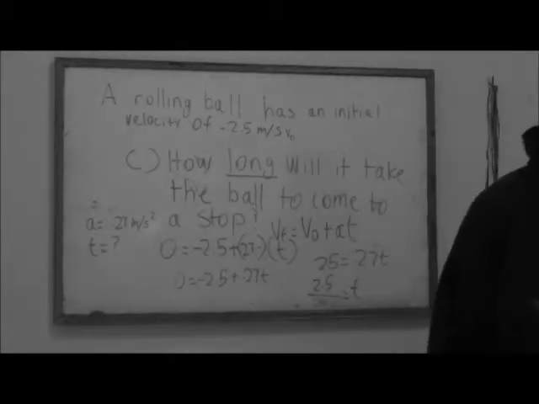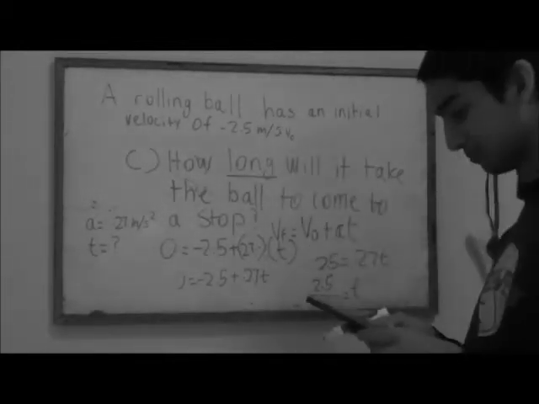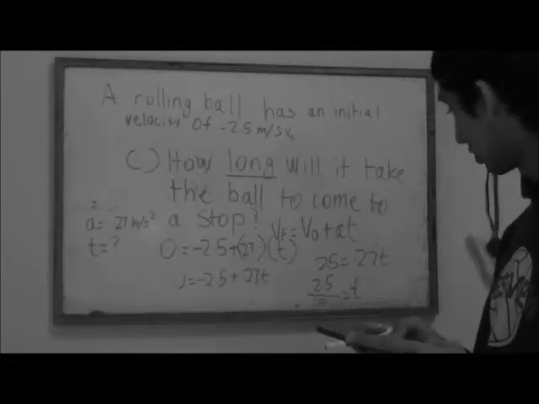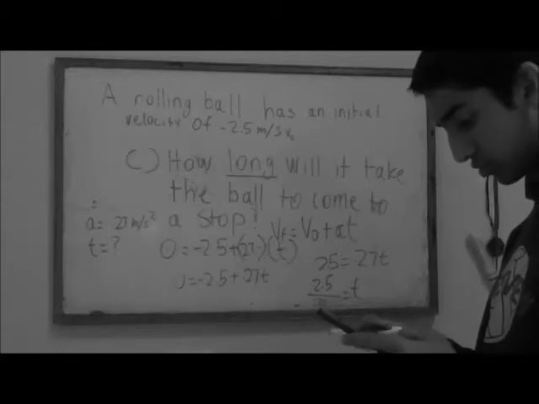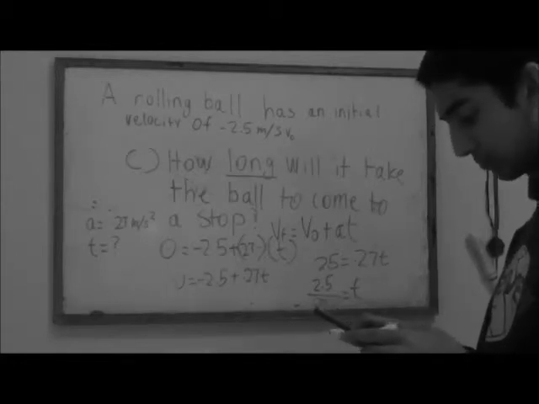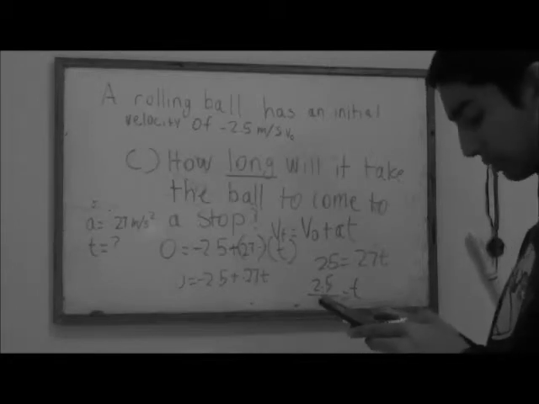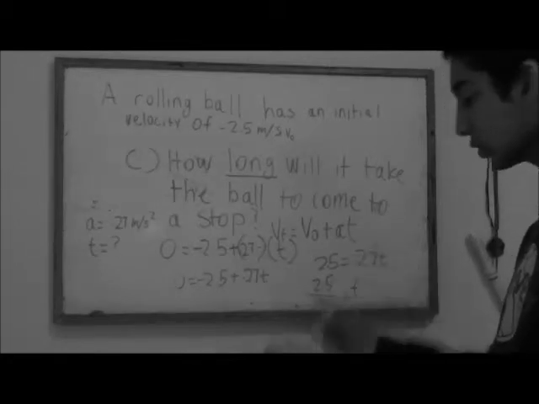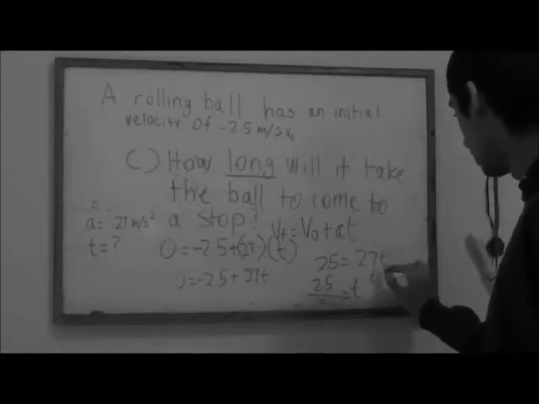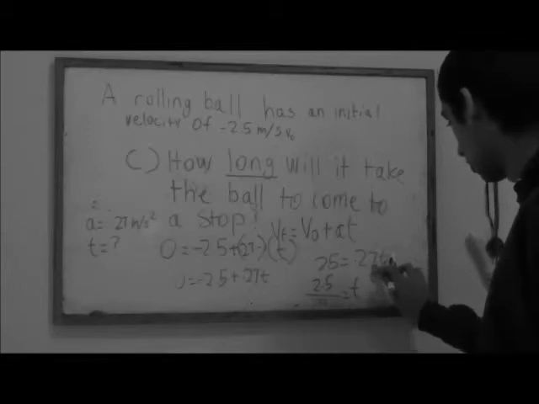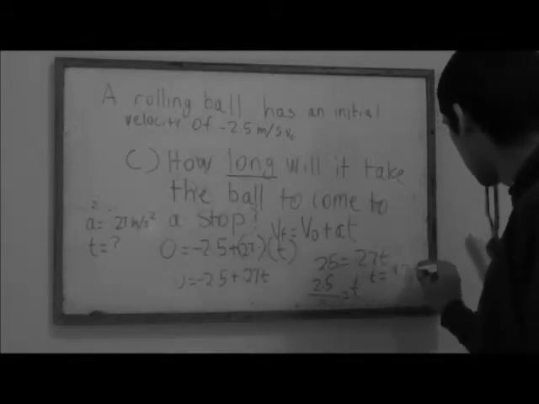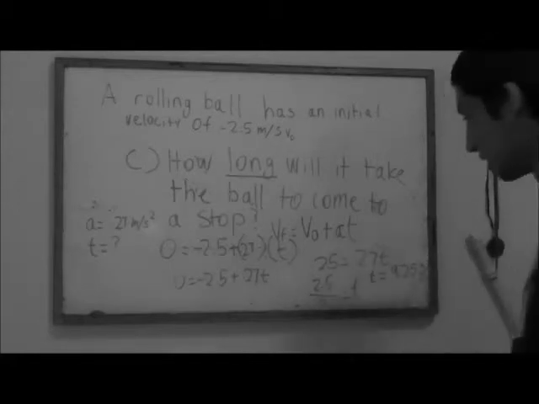Now I have to calculate it. 2.5 divided by 0.27 gives t equal to 9.25 seconds.